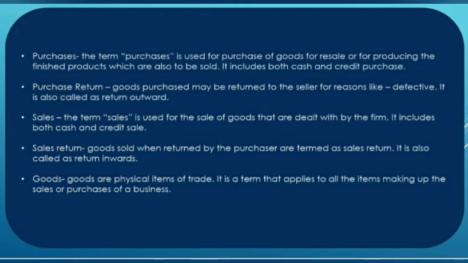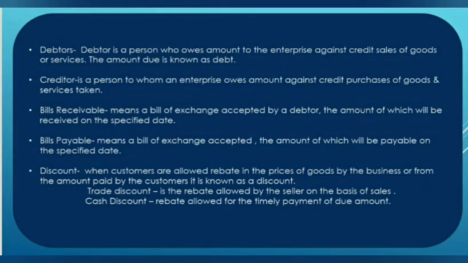Now, goods. What do you mean by goods? These are the physical items that we trade in, or any business trades in. That terminology is called goods. Okay. Now, debtors.